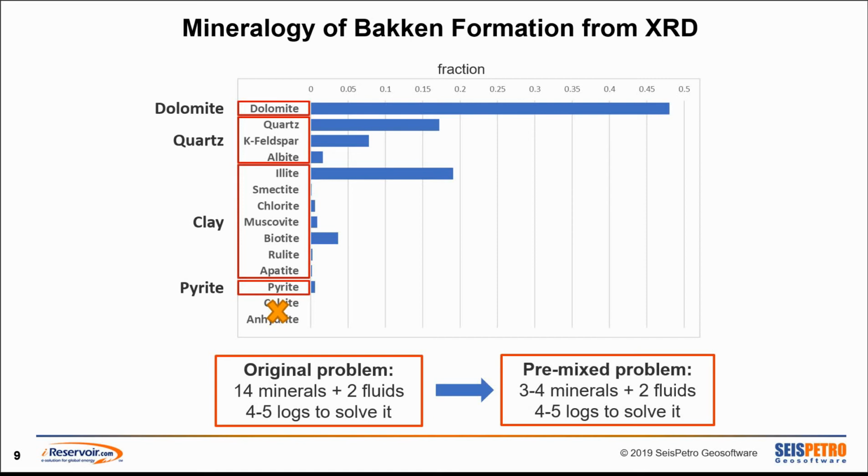But the question now is, what are the properties of these minerals that we are creating by mixing the original minerals present in the rock? And the problem with this is that these minerals that we are creating are not necessarily found in tables in the literature, or we don't have information about their properties from lab measurements.